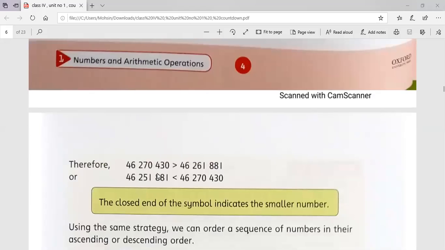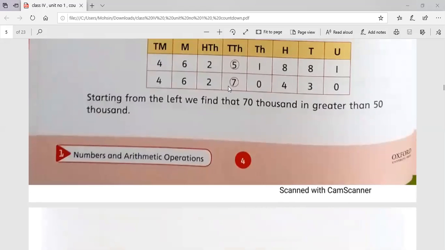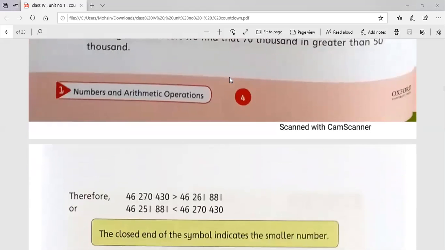You can see 70,000 is greater than 50,000. Now clearly you can see here is the 70 and here we have 50,000. So which one is the greater? It is a 51. I think it's a mistake, misprinting. This is a 51.